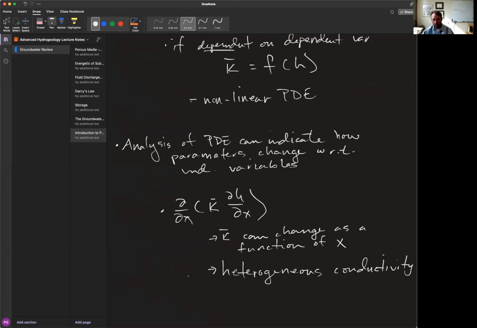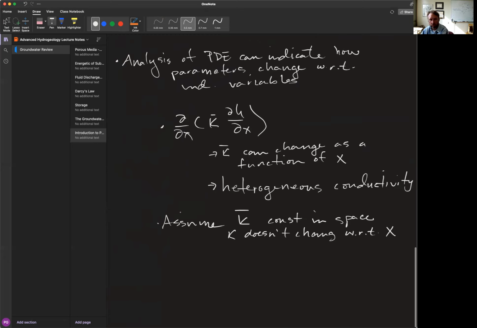Now, if I have, let's say I assume k constant in space, that means k doesn't change with respect to x. Well, what can I do with a constant in a derivative? I can pull it out of the derivative, right?